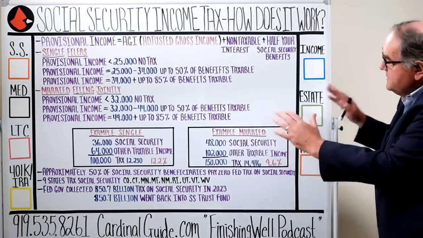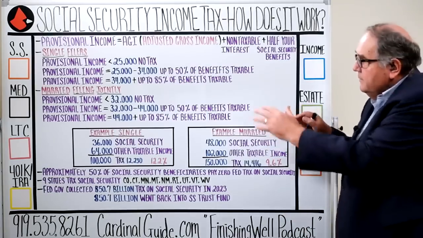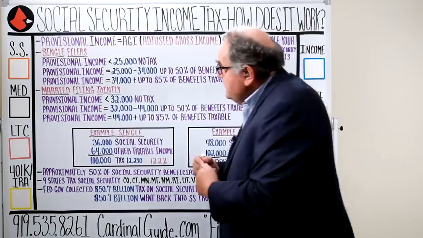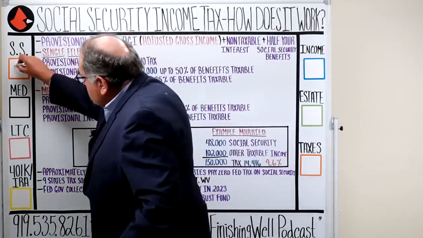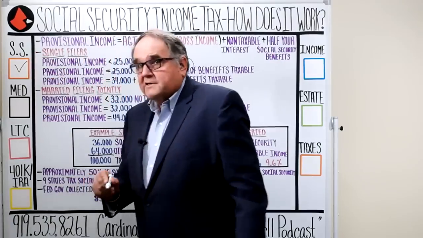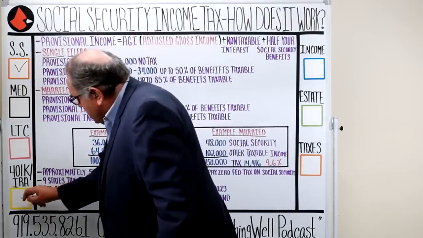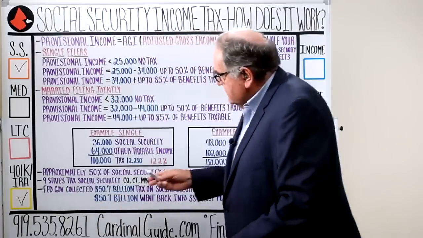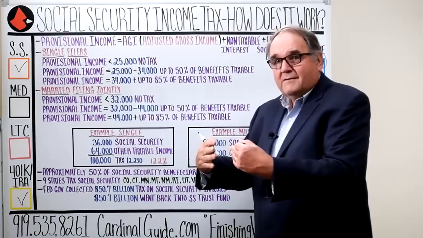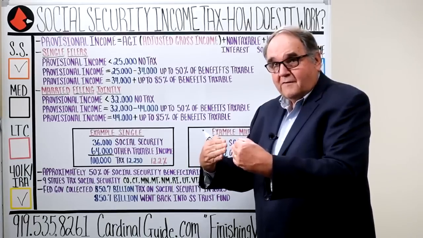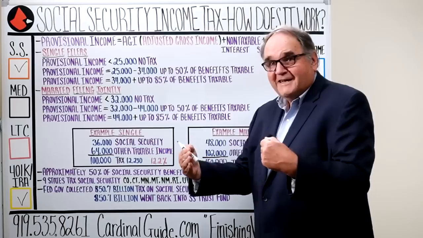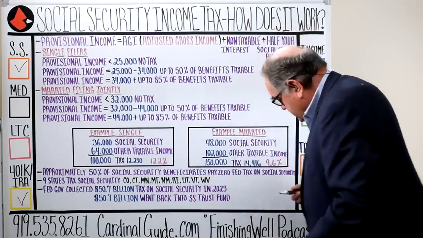Okay, and I want to position the video today within the scope of comprehensive financial planning as we do it here at Cardinal. Obviously, we've been talking about Social Security today. We've been talking about 401k IRA money, because that is the other income for a lot of people that have other income to go with their Social Security check. They're getting it out of their taxable IRA.